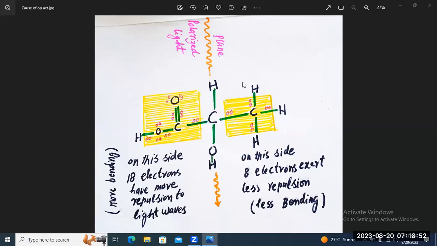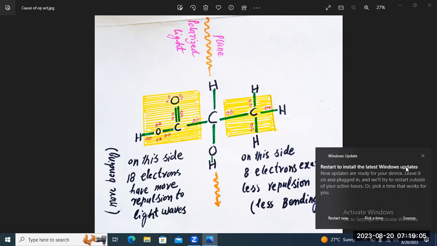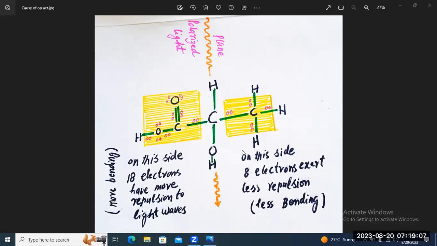This is the chiral carbon having the CH3 group on this side and the carboxylic group on this side. Here, the light is traveling. This is the plane polarized light, and you can see it coming like this.